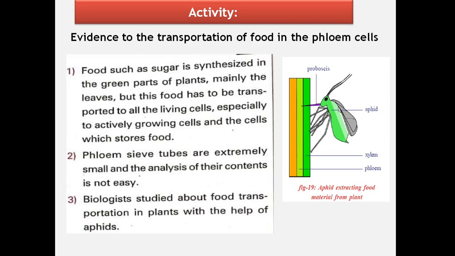Phloem sieve tubes are extremely small, and the analysis of food transportation through phloem is not easy. So, biologists studied the transportation of food in plants with the help of aphids.